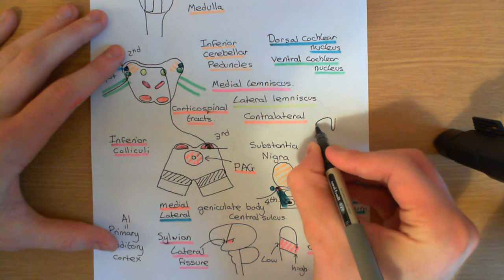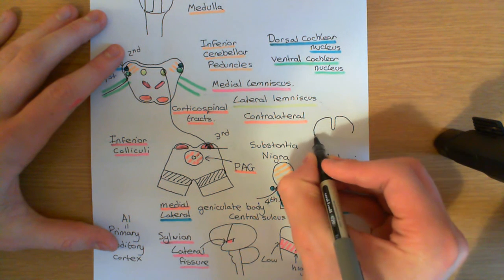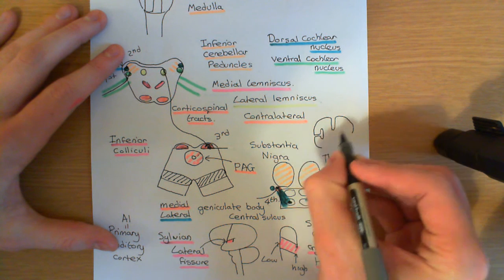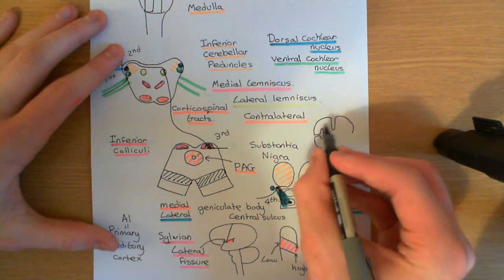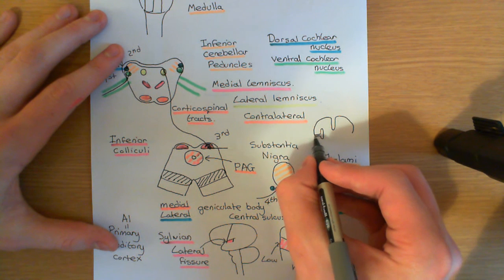So here, this is a coronal section of the brain, and I'm imagining that we're looking from behind, like so. This is the longitudinal fissure separating the two cerebral hemispheres. This is the left cerebral hemisphere, this is the right cerebral hemisphere. This is the right lateral fissure.